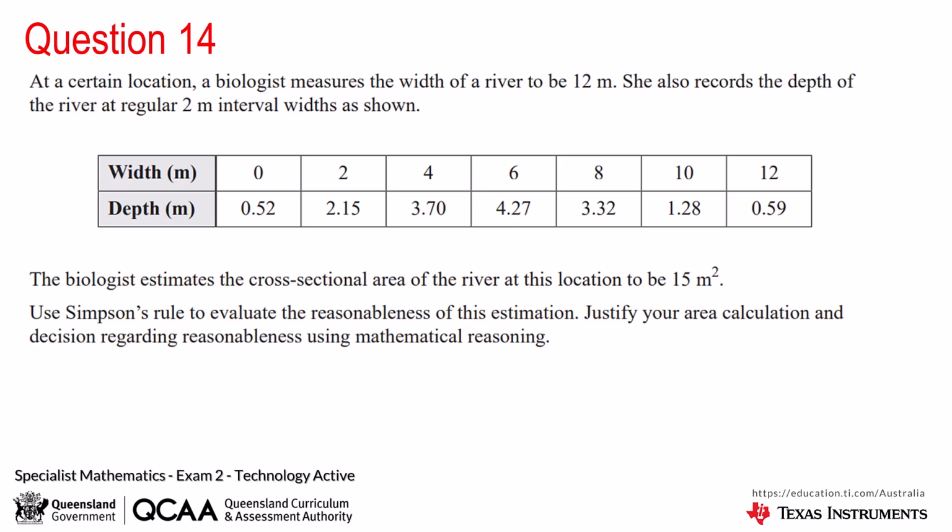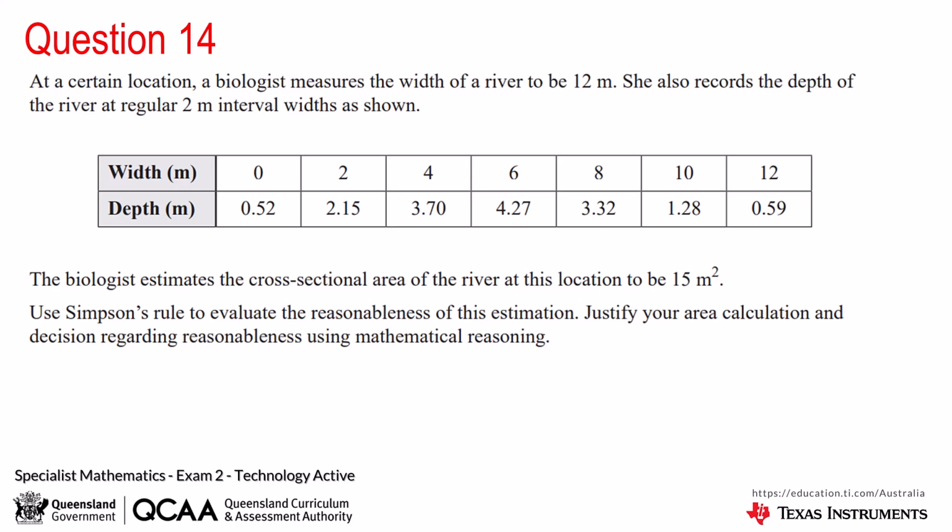What we're asked to do is use Simpson's rule to estimate the cross-sectional area of the river at this location and to evaluate the reasonableness of the biologist's estimate.